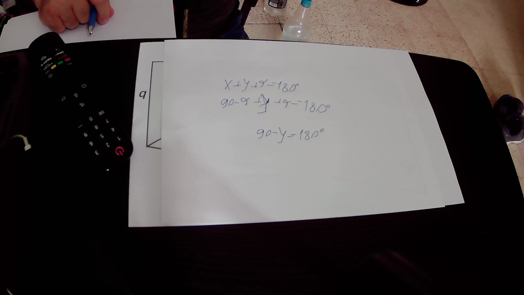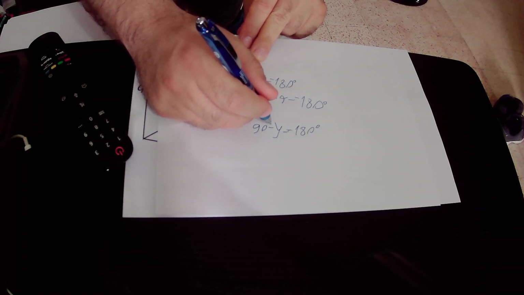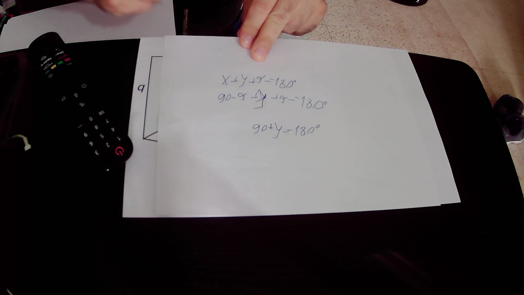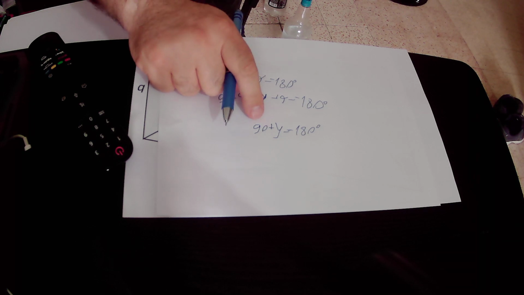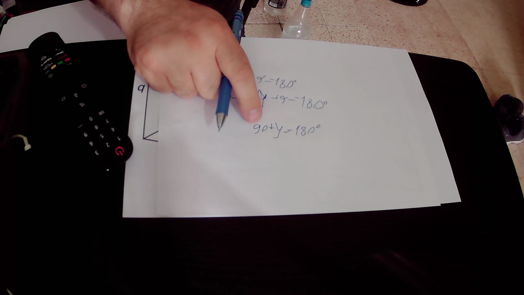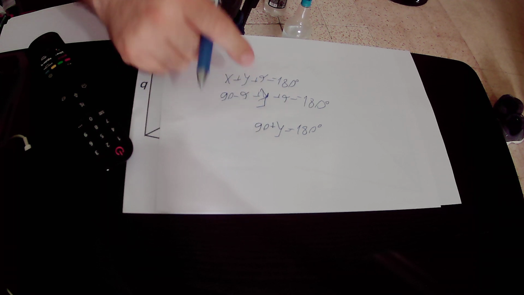We subtract 90 from both sides of the equation, and we will get that y equals 90 degrees.